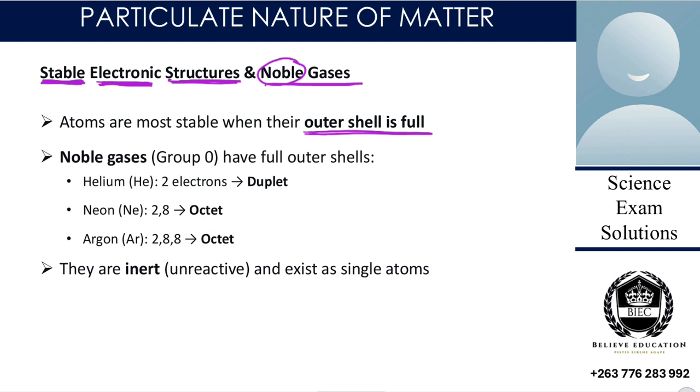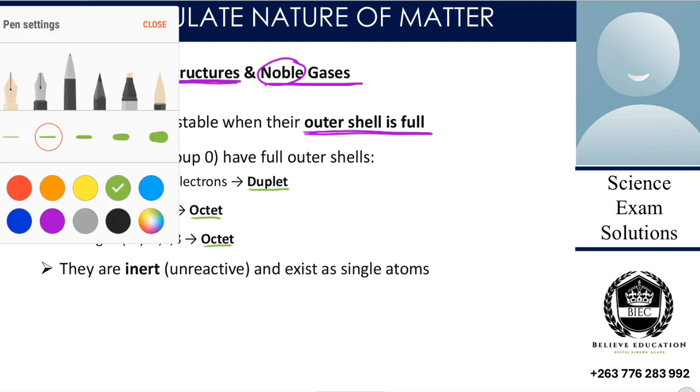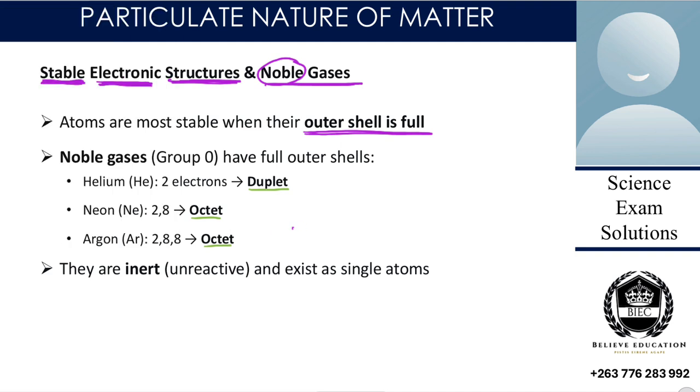So to see the stability of our electrons, we also have the rules. These rules are called configurations or structures. And this rule, we have first what we call the duplet configuration. And we also have what we call the octet configuration. So octet configuration, that's the octet rule.